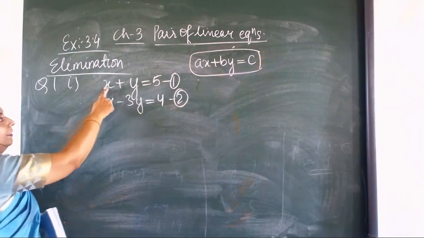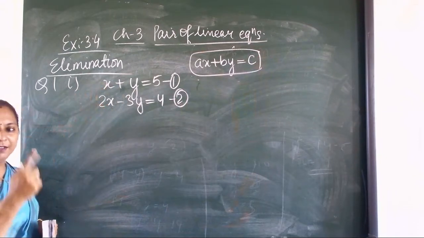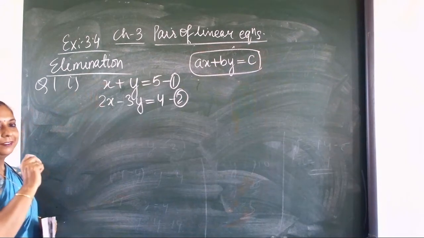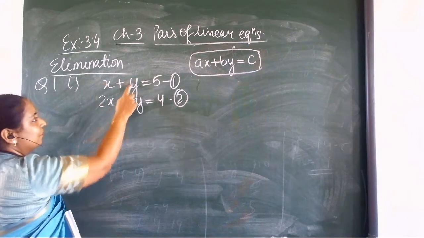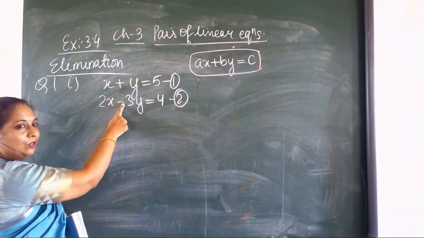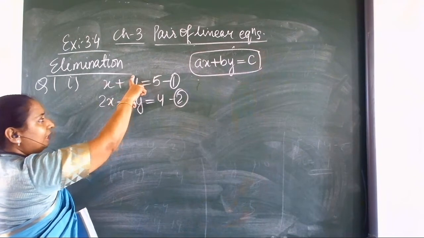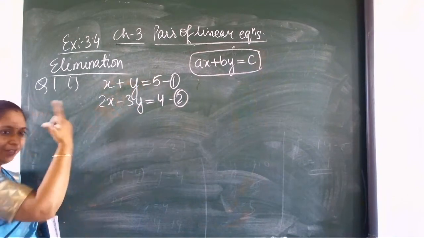Now see, you can eliminate any variable, either x or y, but it becomes simple if you eliminate the opposite sign variable. This is plus and minus. So if plus and minus is there, we equate y variable and then eliminate y first.